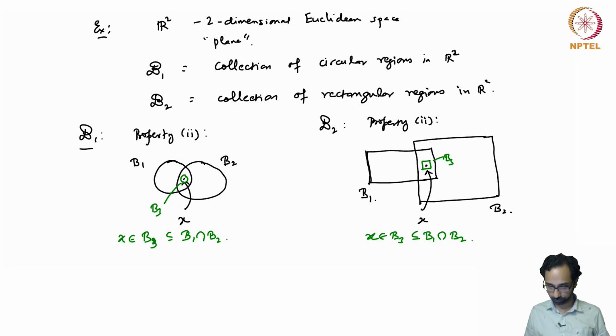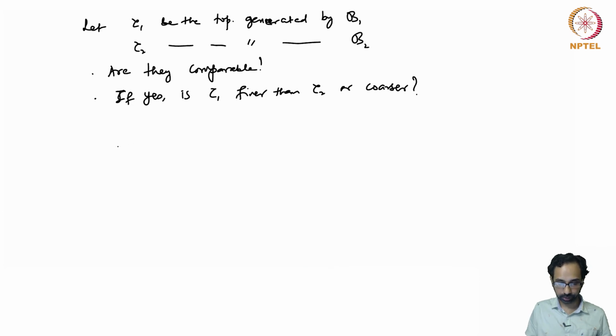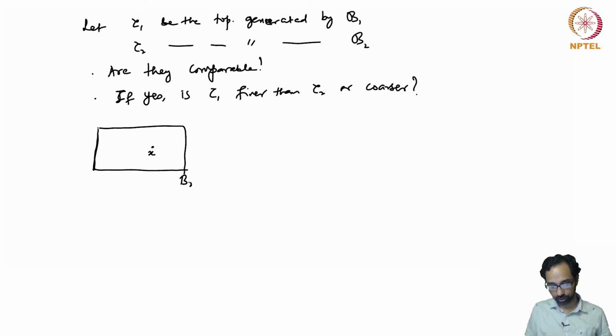So for example, if you take a point x and a basis element in B2, a rectangular region containing x, then it is obvious that we can take a small circular region containing this point x, which lies in the interior of this rectangle.